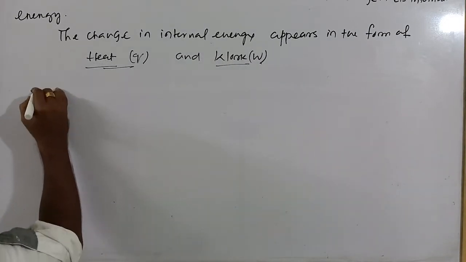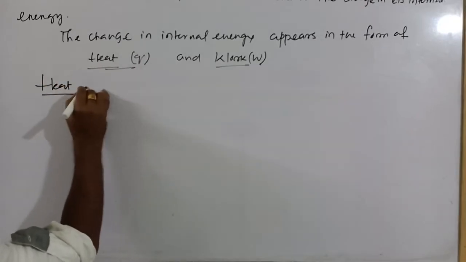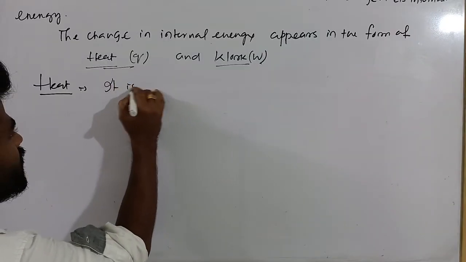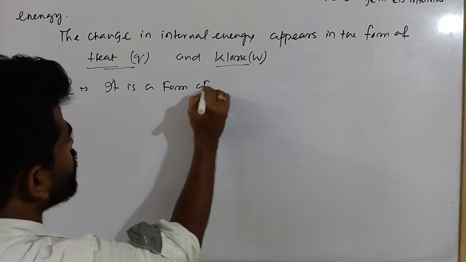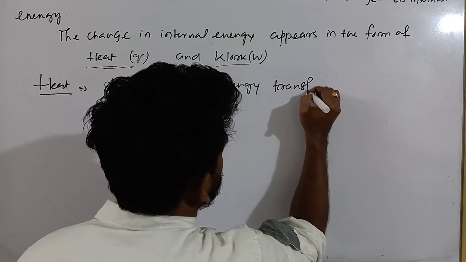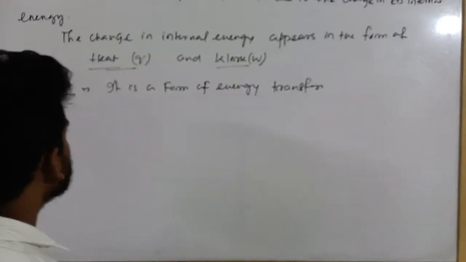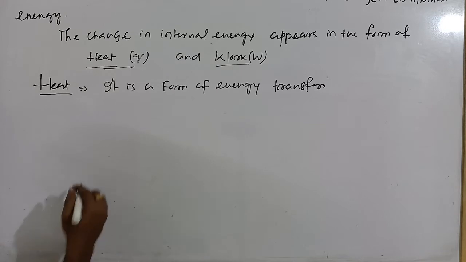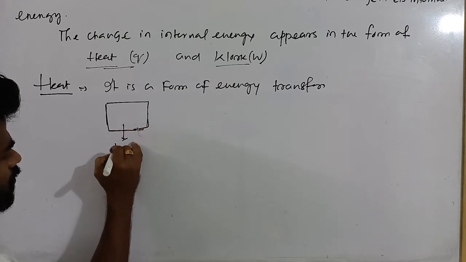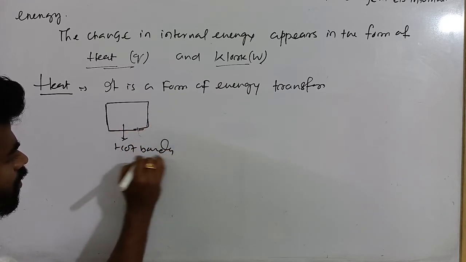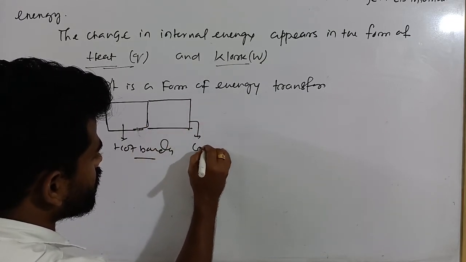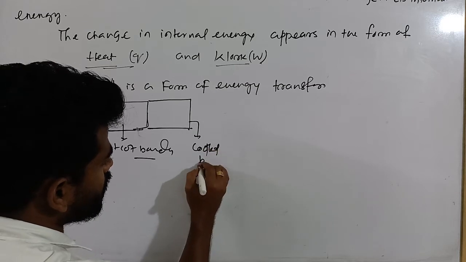So heat means, heat is a form of energy. It is a form of energy transfer, you can say, both heat and work. Suppose there is one hot body, which is in contact with a cold body.